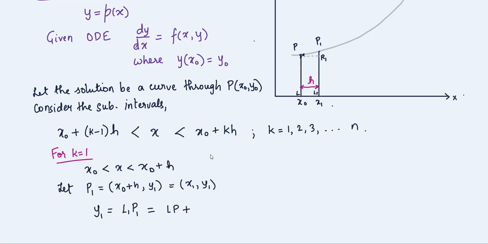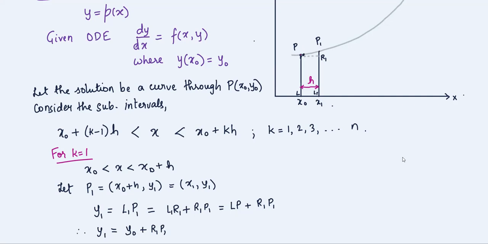So I get L1R1 plus R1P1. This L1R1 is equal to LP plus R1P1. Now this LP is nothing but y0. Therefore y1 is y0 plus R1P1.